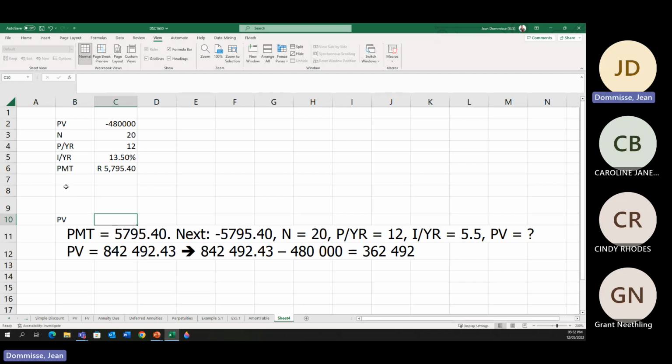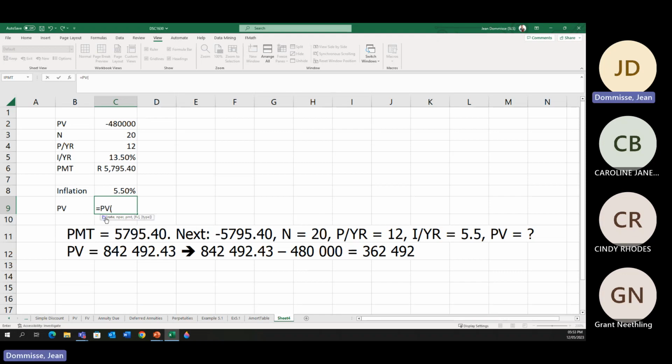What else would I need? I still have the 12 over 20 years. I've got the 12. So I need to include the inflation number, which was 5.5%. And the rest is supposed to be the same. So let's quickly check if that will work.